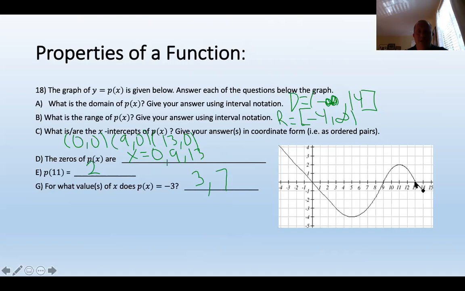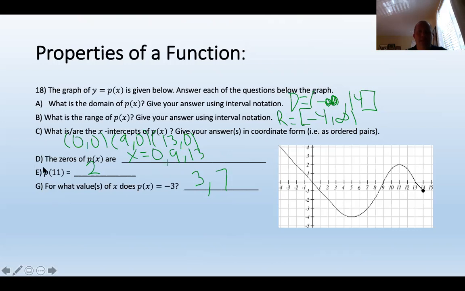And it's also crossing the x-axis right here at 13, 0. And then the zeros of p of x are just where it's crossing the x-axis, written as just x equals the number. So it's crossing the x-axis at 0, 9, and 13. So you just would say for the zeros, x equals 0, 9, 13.